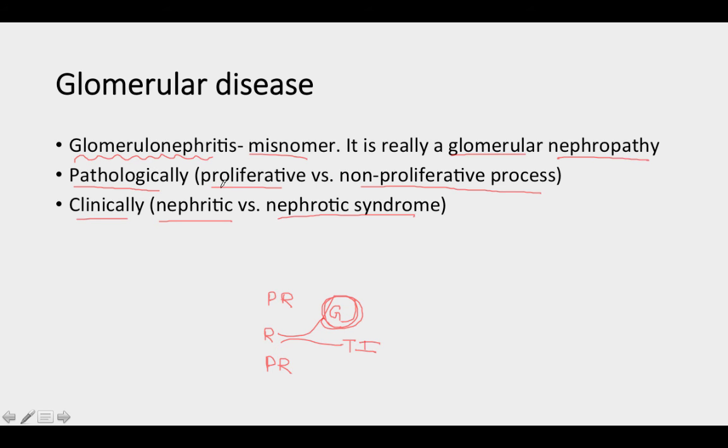Just remember, proliferative pathology normally correlates with a nephritic syndrome, and non-proliferative pathology normally correlates with a nephrotic syndrome. However, you should be aware that these are spectrums and these rules don't always hold hard and fast, but to start with, and indeed for the purposes of your exam, if you equate these two things and explain them well, you will do very, very well.